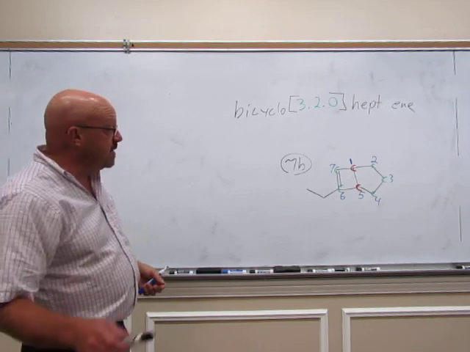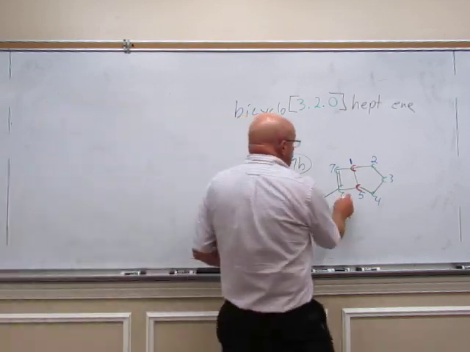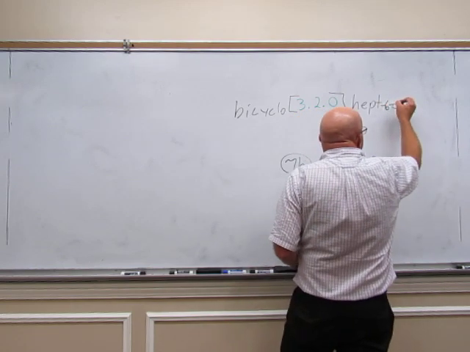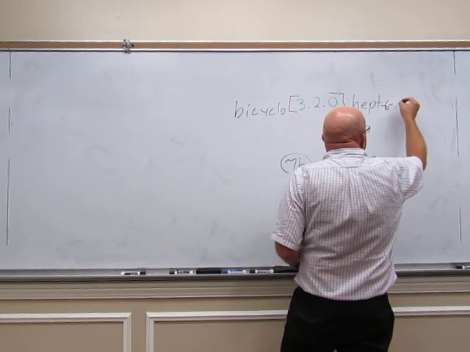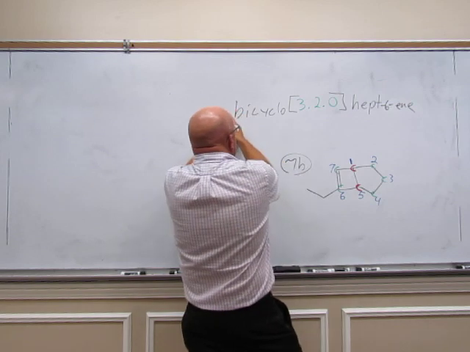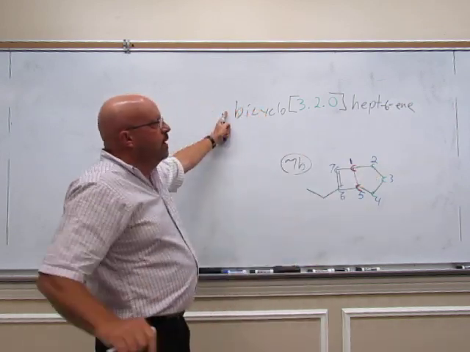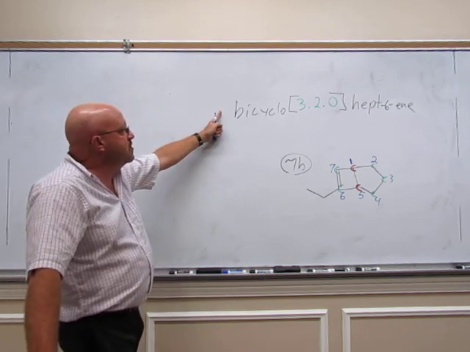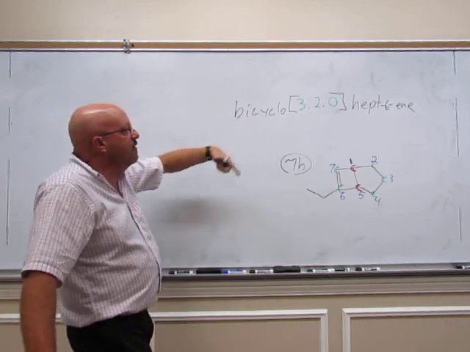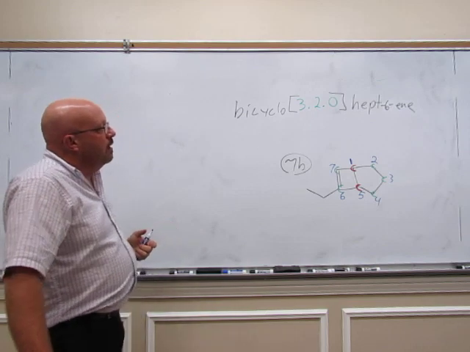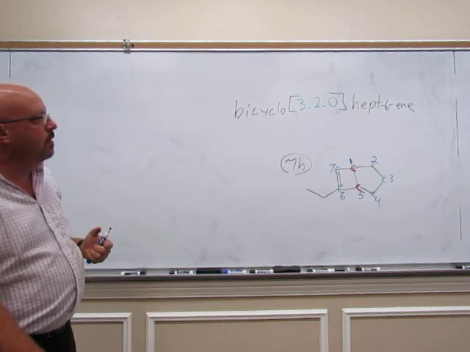Now we do need to tell the position of that double bond. The double bond starts on carbon number 6. So I'm going to put the 6 right in front of the ene. You could put the 6 here in front of the bicyclo 320 heptene, but that's just so far away it's very confusing about what that 6 goes to.